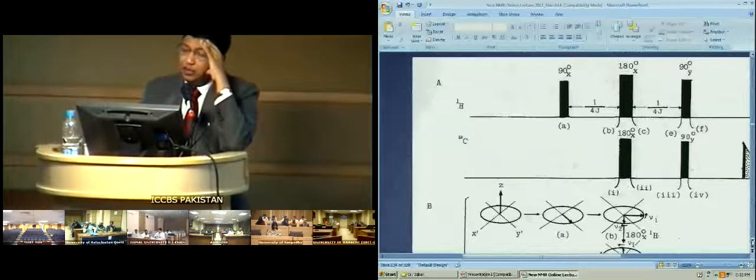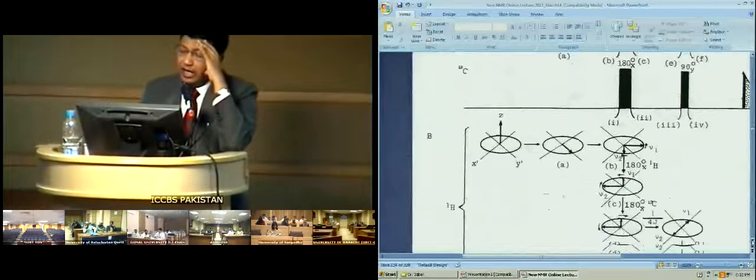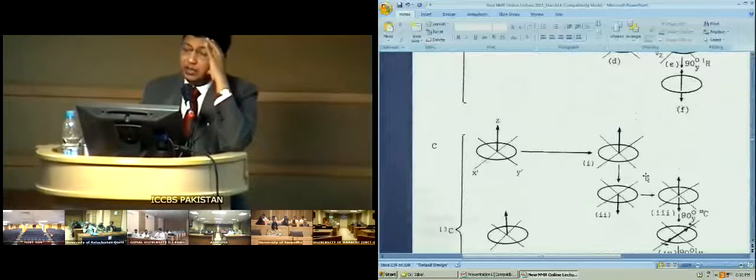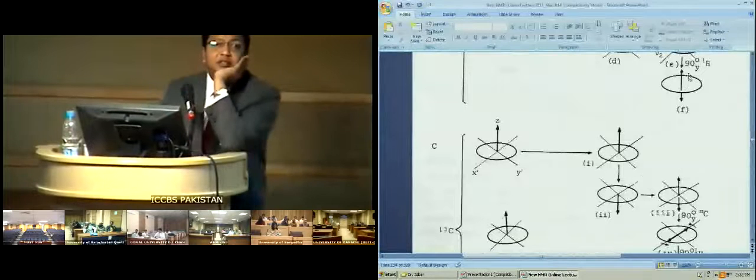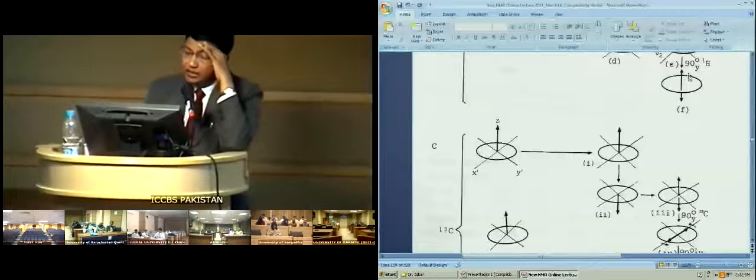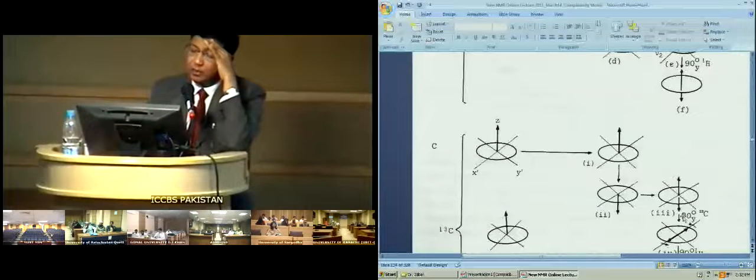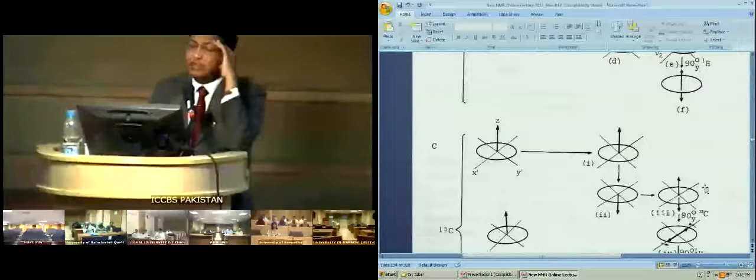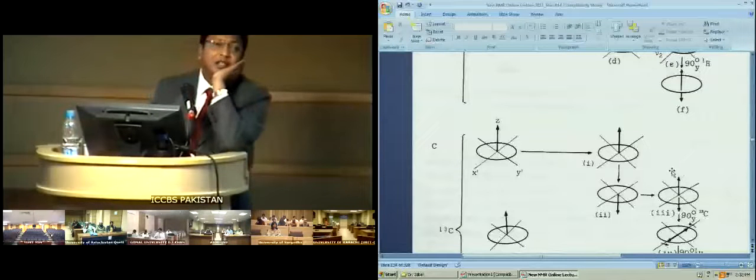This spin population inversion pulse adds into this a component which was not present, and therefore you create a situation in which a part of the proton is now added into the population of carbon, right?